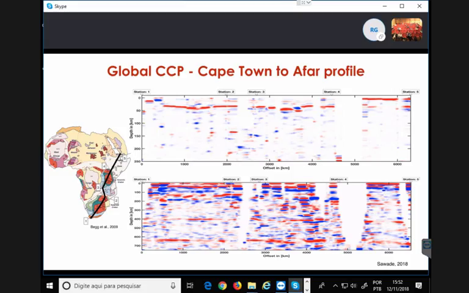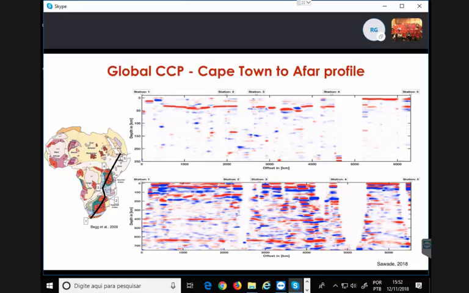And to finish here, I just want to show you that you can look at volumes, but if you want to do more surgical analysis, you can also take these CCP grids and pick points to make specific profiles across any region that you want.